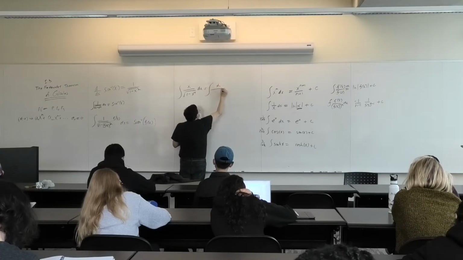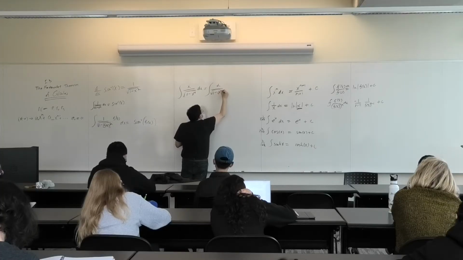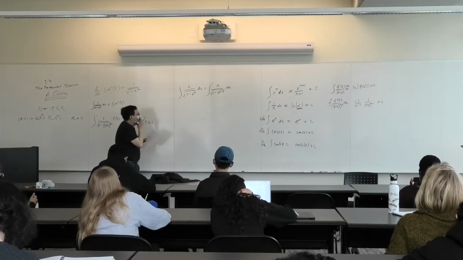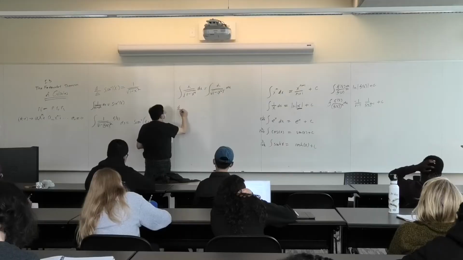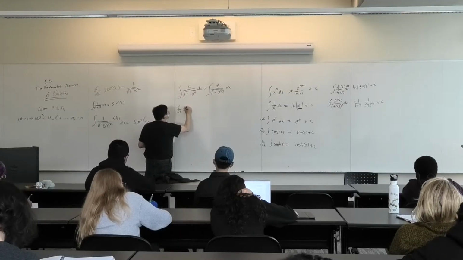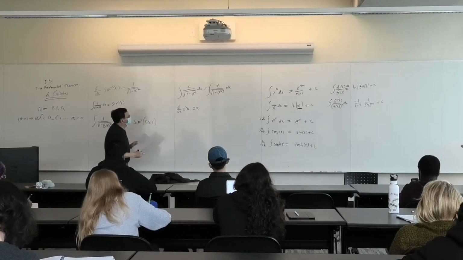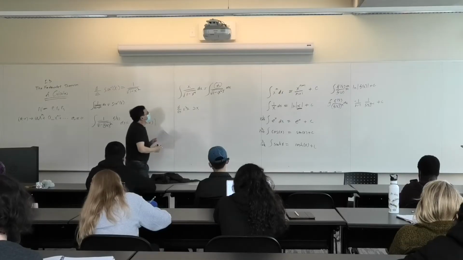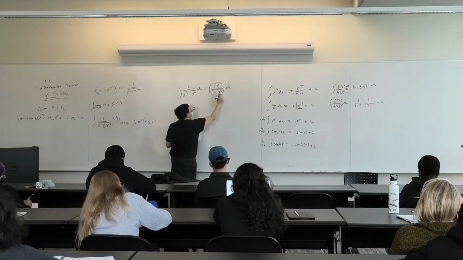That is x over the square root of 1 minus x squared, squared. Well, we look at the derivative of x squared, it's 2x. So this kind of looks like f prime here, and this is f.